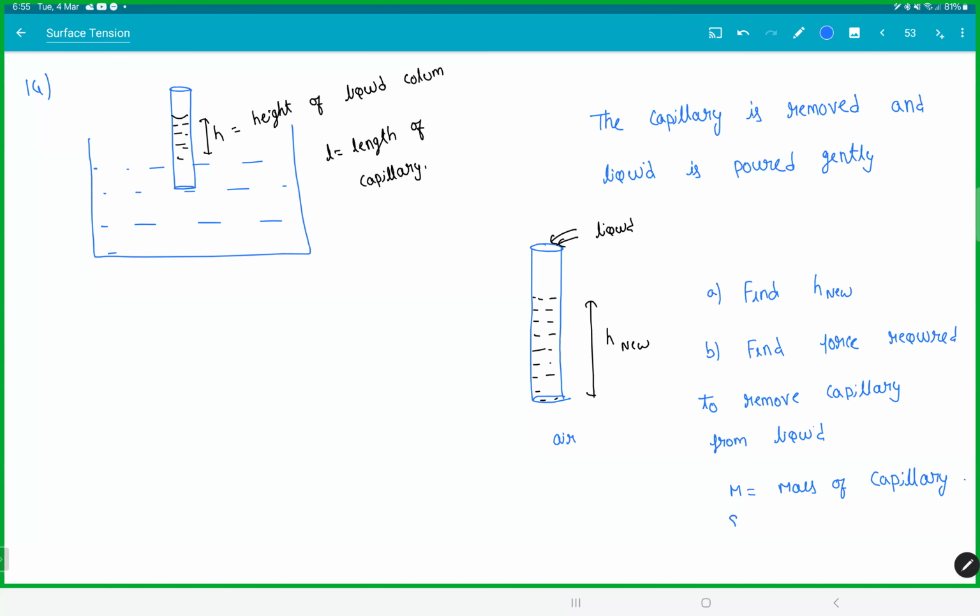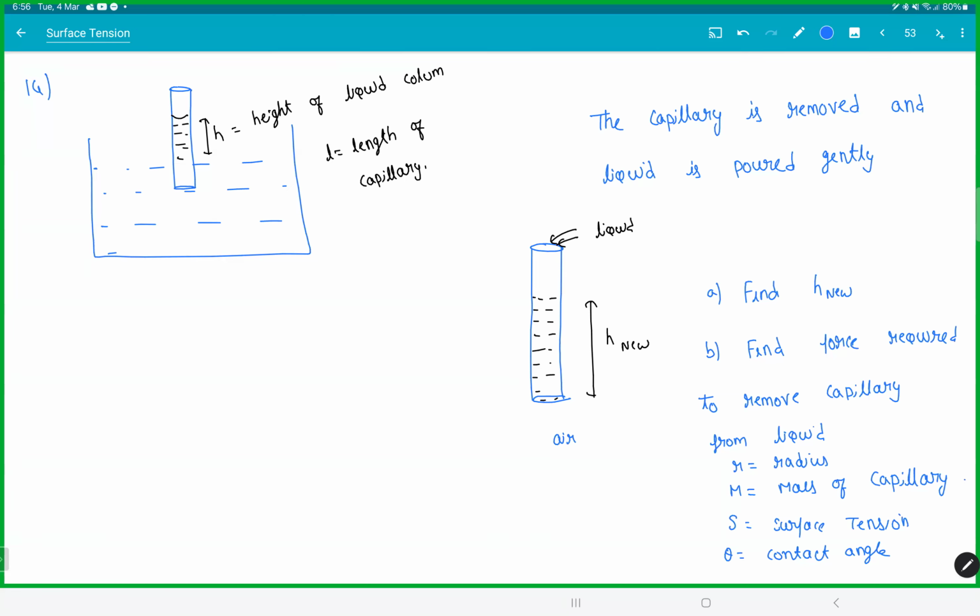For the second question, you will need it actually. First one answer comes in terms of H and L. Second one answer comes in terms of S, theta and all that stuff. So what's the difference?